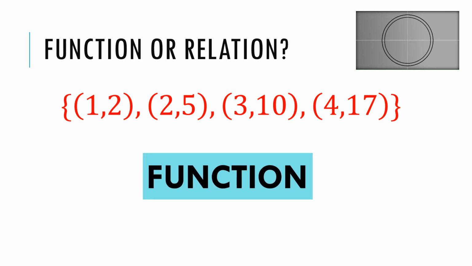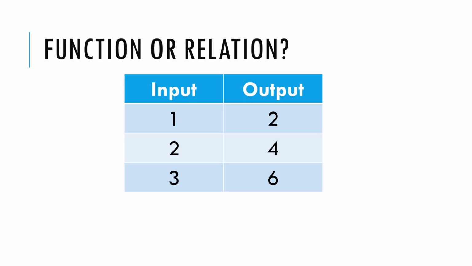Why? Kasi, ang domain or ang values ng x dito ay 1, 2, 3, and 4, and walang inulit sa kanila. Therefore, this is a function. How about this one? Function or relation? Ito yung mga input and output. 1 to 2, 2 to 4, and then 3.